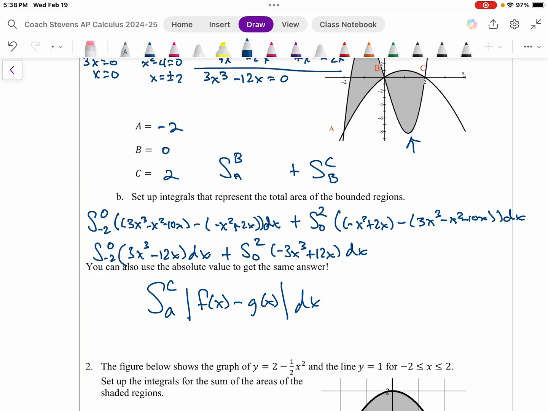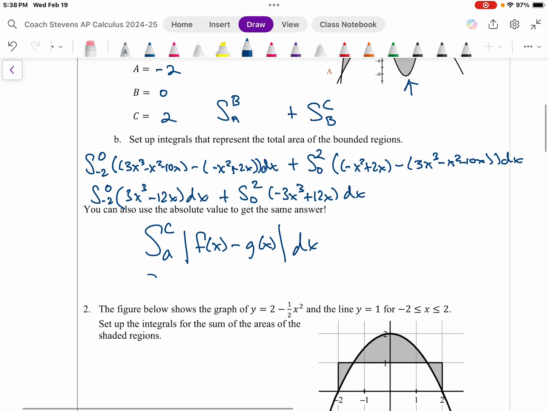So we could set this up as from -2 to 2, absolute value of the x cubed minus x squared minus 10x minus, and then a negative x squared plus 2x. And then I want to do all of that.